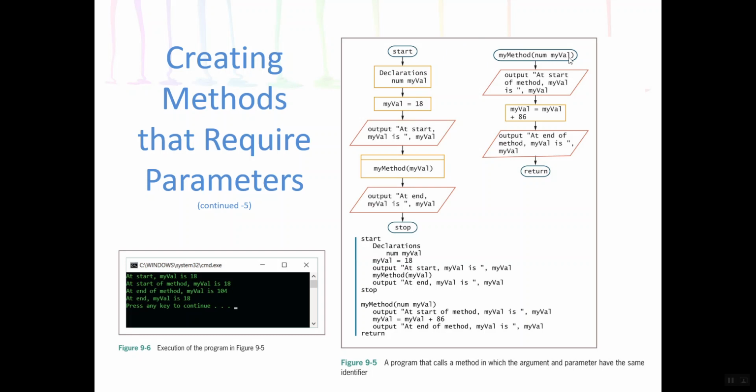They are two separate memory locations. So 18 is passed from main to my method, but when myVal in my method was updated, it did not affect the memory location of the variable in main. So that's what they're just trying to get across. When we do a pass by value, just understand that it is the value that is passed in, but a separate memory location is maintained in the second method.